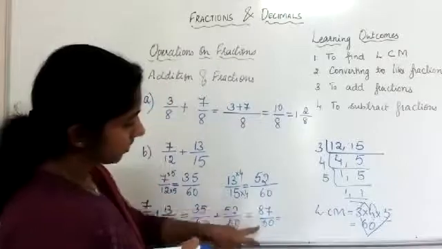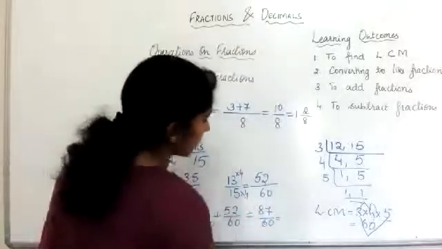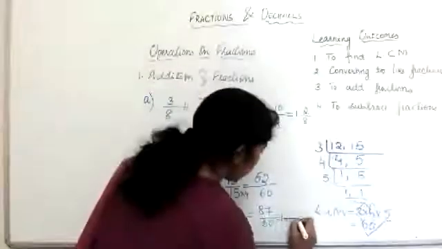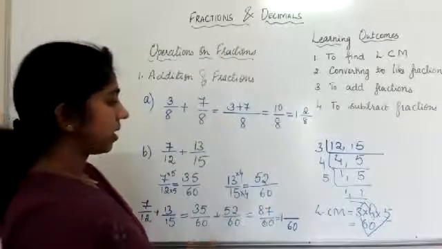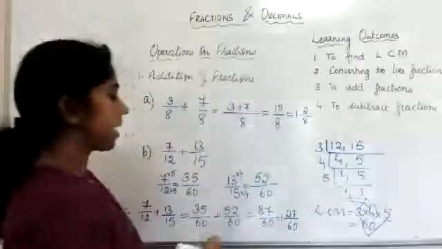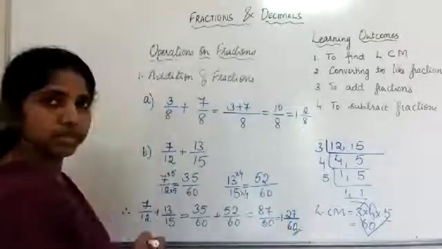Now 87 by 60: the quotient is 1, and you can try by dividing to find the remainder. The remainder will be 27. So 1 27 by 60 is the mixed fraction. You can divide and check.